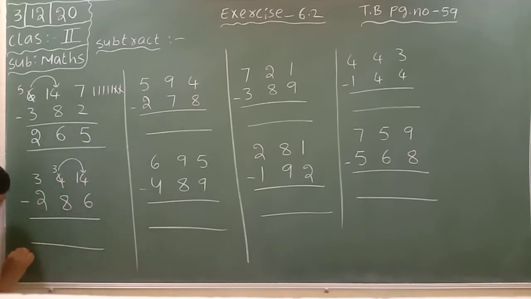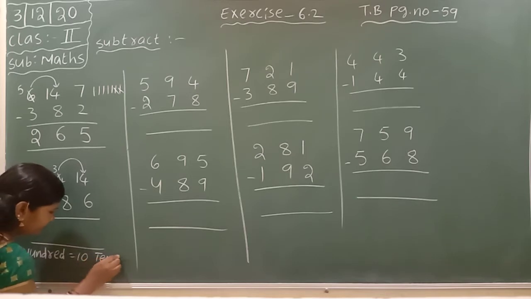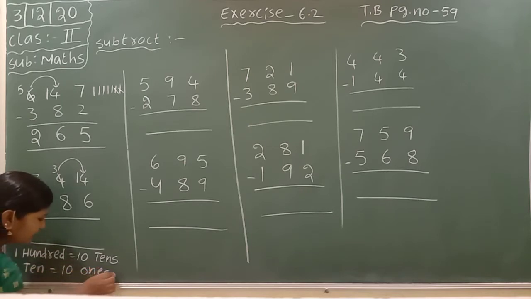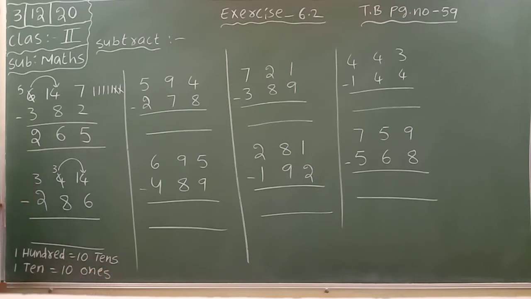Okay. 100 is equal to 10 tens. And here 1 ten is equal to 10 ones. Like this.